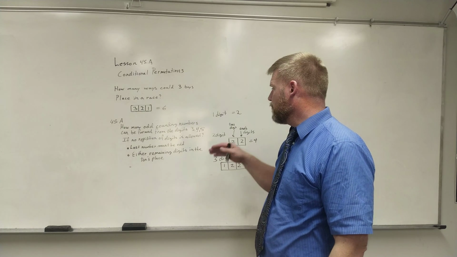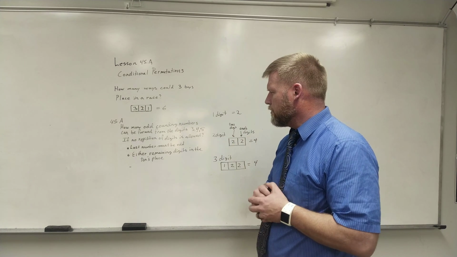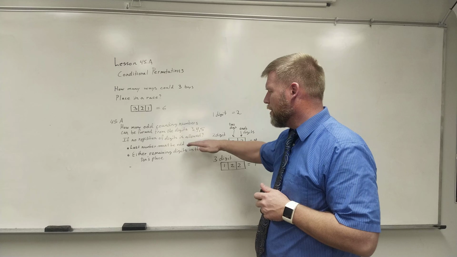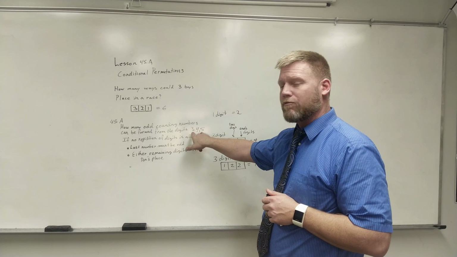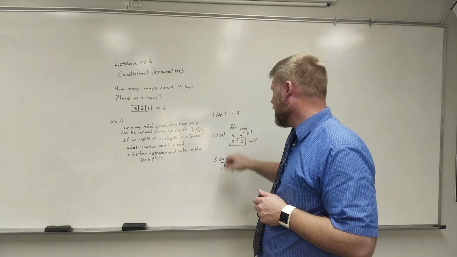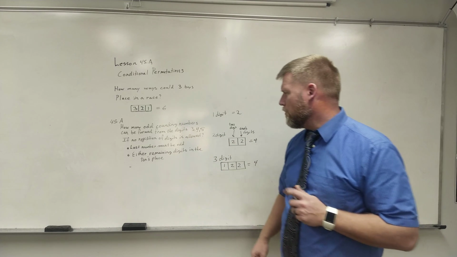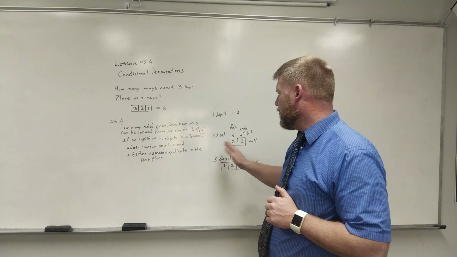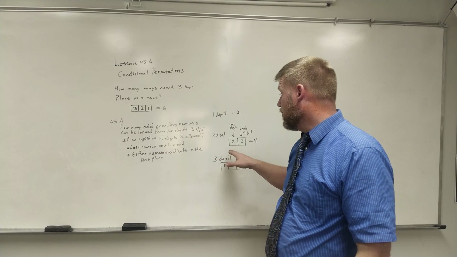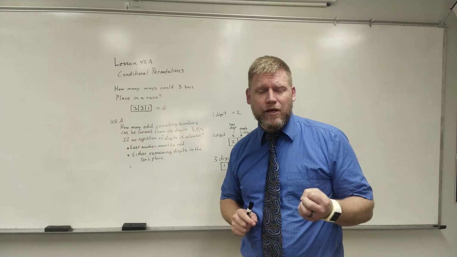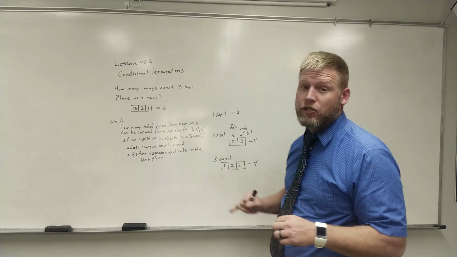The next thing I'm going to do is move to a 2-digit number. Now I'm going to go ahead and put some conditions. The last number must be odd. Well, I only have 2 numbers that work for that, so I'm going to put a 2 in that blank. The next thing I know is either of the 2 remaining can be used in there. But I can't use 0 because 0 would make it a one-digit counting number.